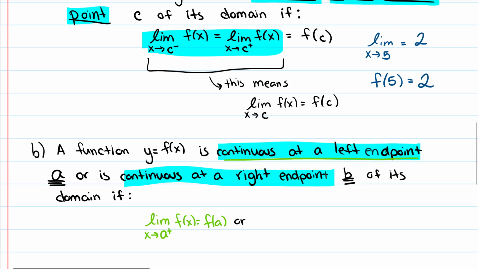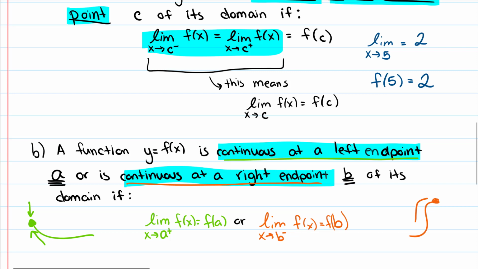So if we have a graph like this, it's continuous if the limit is equal to the evaluated point. For a right endpoint, the limit as x approaches b from the left of f of x is equal to f of b. This means if you have a right endpoint, then the limit as you get close to the x value is equal to the function evaluated at the endpoint.